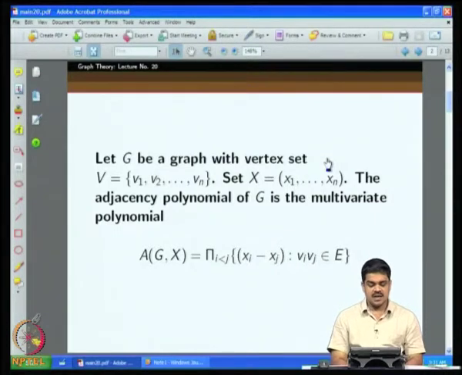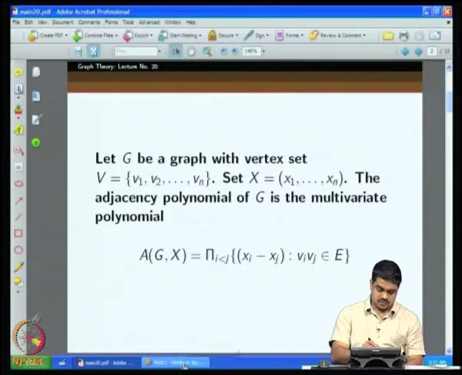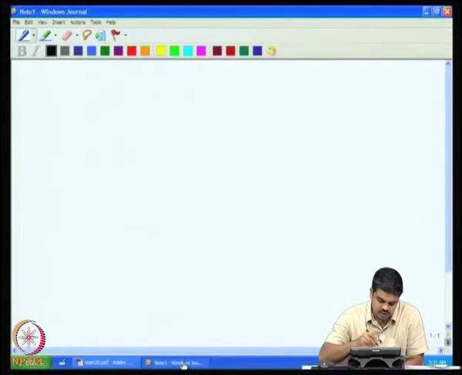Then the adjacency polynomial of the graph G is the multivariate polynomial in these n variables, A_G of x, equal to the product of (xi minus xj), where vi vj is an edge in G.